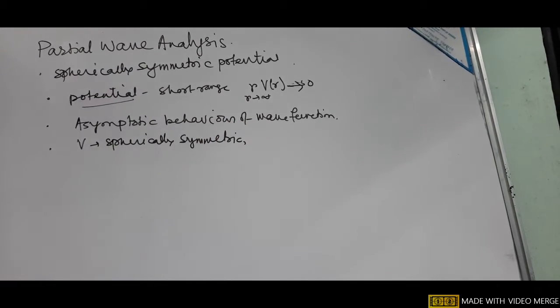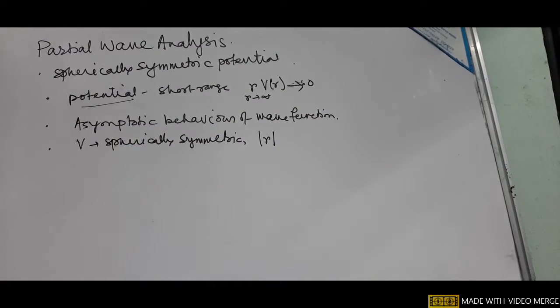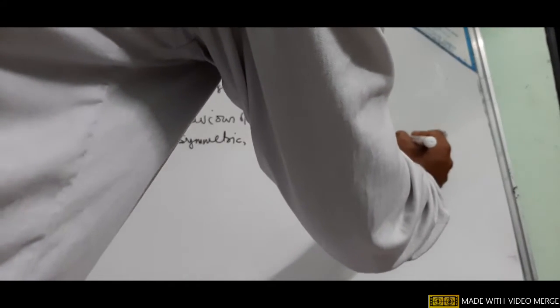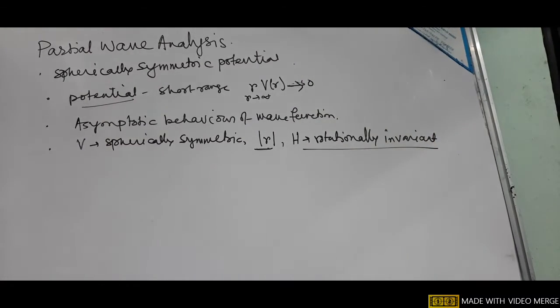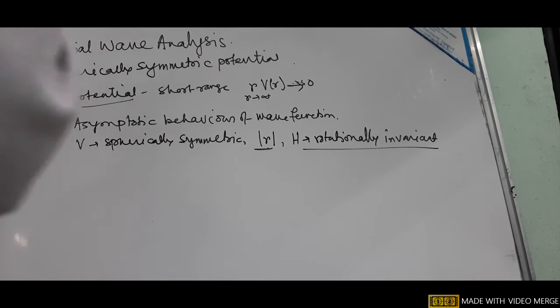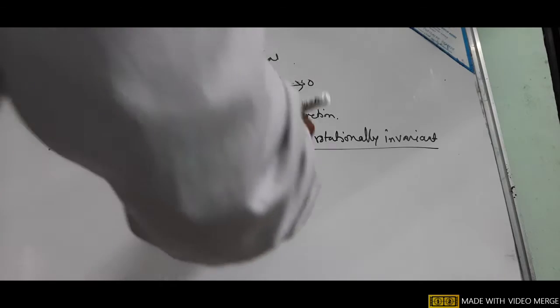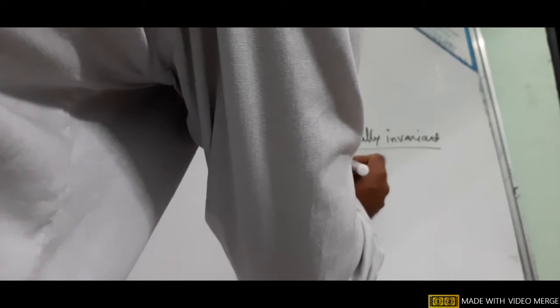The potential being spherically symmetric means it depends only on the magnitude of r, so the Hamiltonian is rotationally invariant, and the angular momentum L becomes a constant of motion.